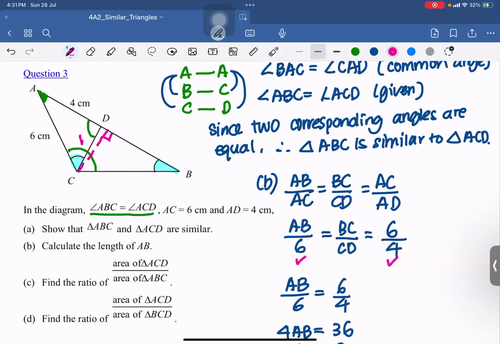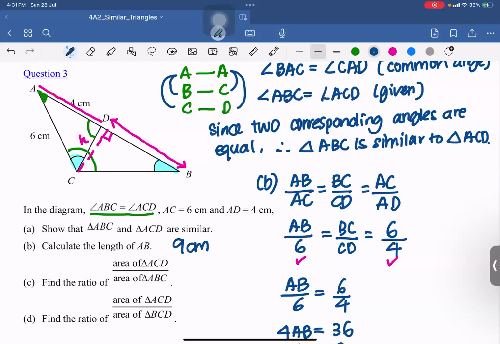Let me just draw the h over here. If this is the height, then the base for triangle ACD will be here, and the base for triangle BCD will be here. But I don't have the length for DB, but I do know AB just now. So AB was given to be 9 cm.